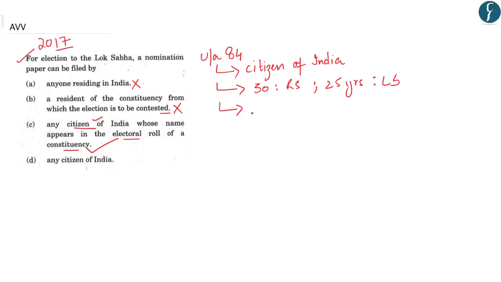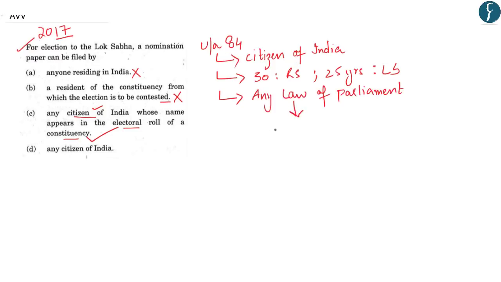And lastly, it also says that the person should possess any other such qualification which is prescribed by a law made by the Parliament. Thus, under this third provision, the Representation of People's Act 1951 has stated that only an elector can be elected.